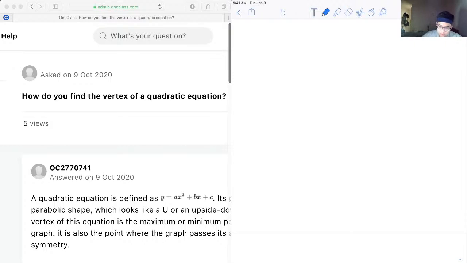So next question is asking us, how do you find the vertex of a quadratic equation? Okay, so first let's review what a quadratic equation is.